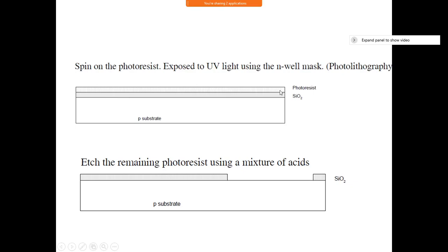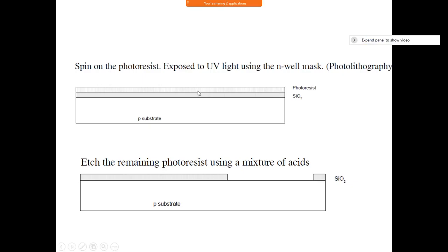The region not exposed to UV light will become soft. Then you dip the entire substrate into a chemical solvent. It will remove that soft portion of your photoresist. Can you see, over this SiO2 you have the photoresist, over this SiO2 you have the photoresist.